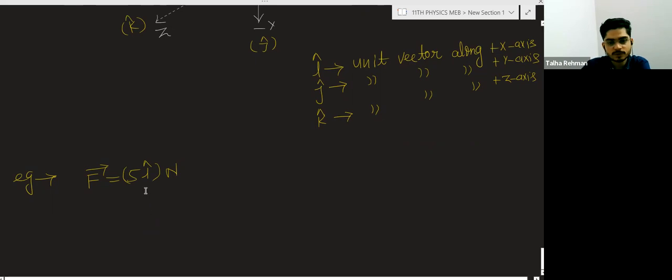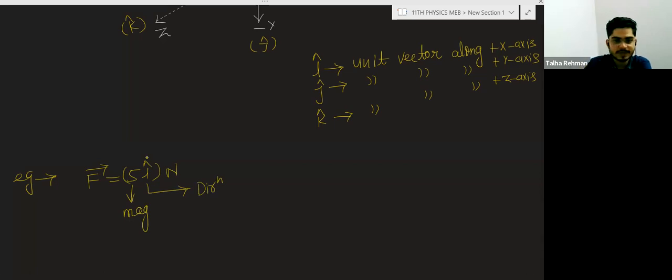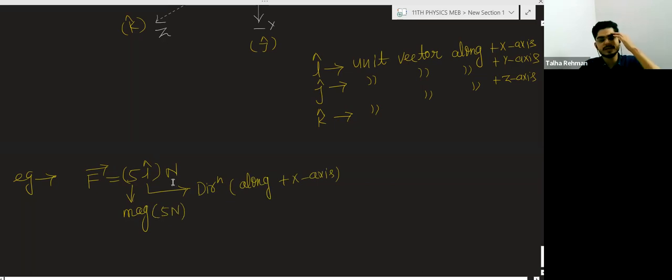So i cap represents the direction, and 5 Newton is the magnitude. The direction is along the positive x-axis.